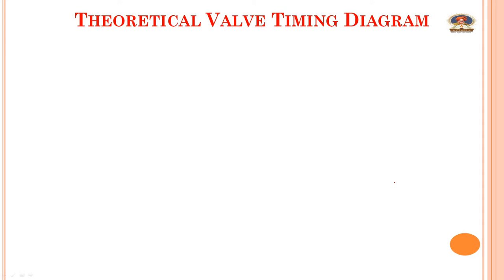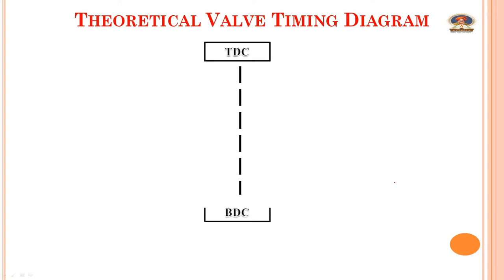As we know, in a petrol engine, when the piston moves from TDC to BDC, the crank rotates through 180 degrees, and when it moves from BDC to TDC, it again rotates through 180 degrees. So this movement of the crank is shown on this valve timing diagram.